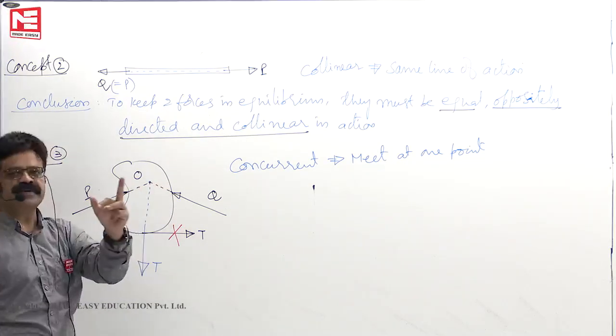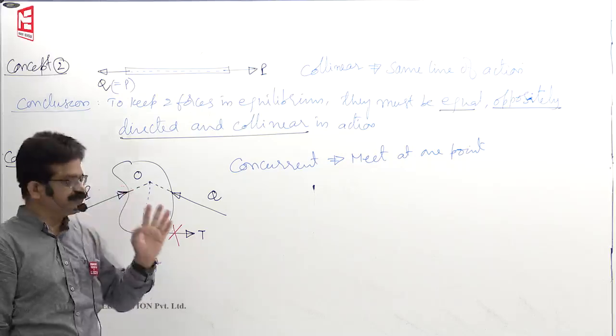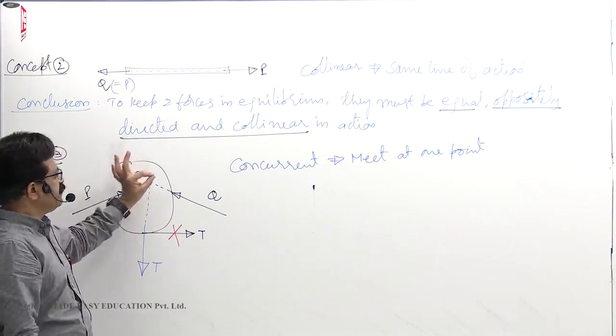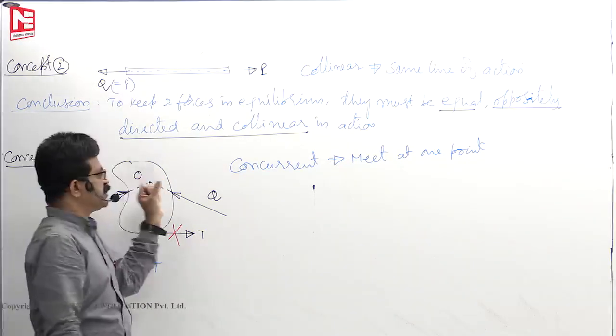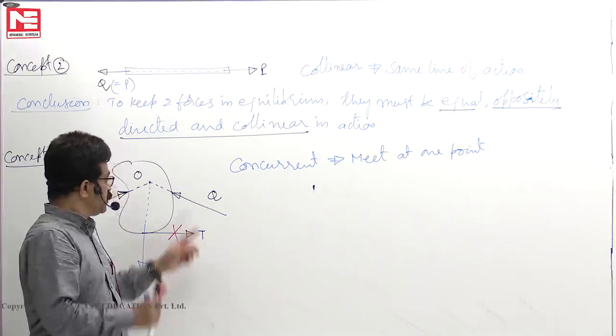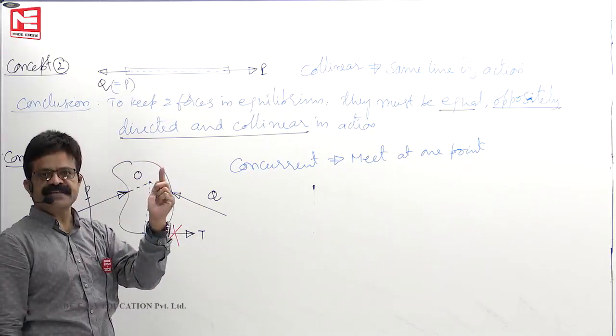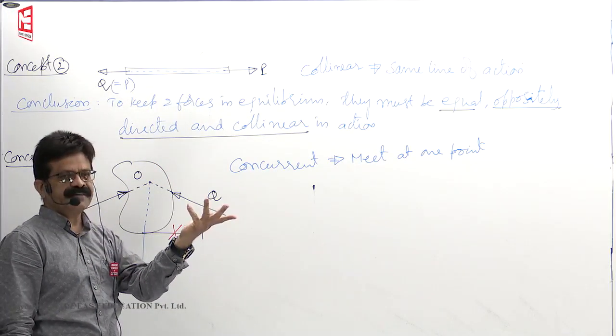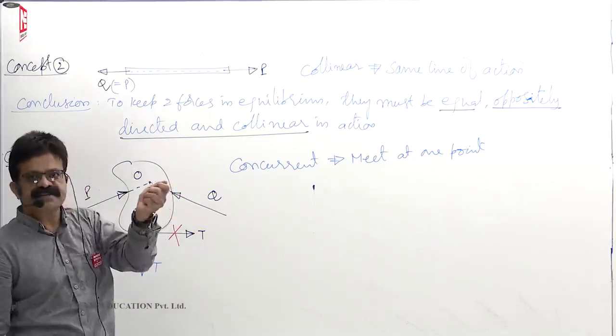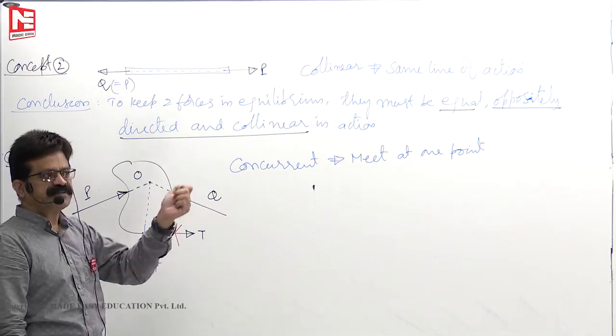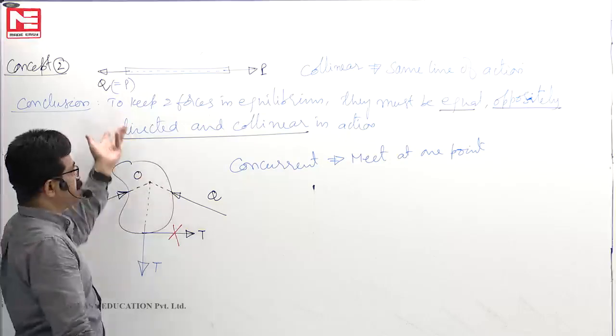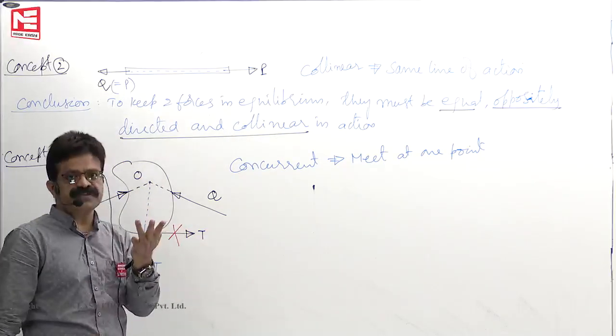If I take out of plane sigma z equal to 0, P cannot have a component in this direction because of 90-degree angle. Q also cannot have a component in this direction. Same problem, 90-degree angle. But T cos theta or T itself, that is not balanced because backside nobody is there. Only three forces are there.